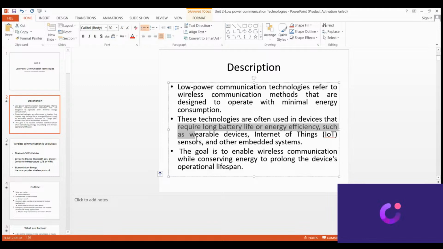Good examples include wearable devices, internet of things, sensors, and other embedded devices.